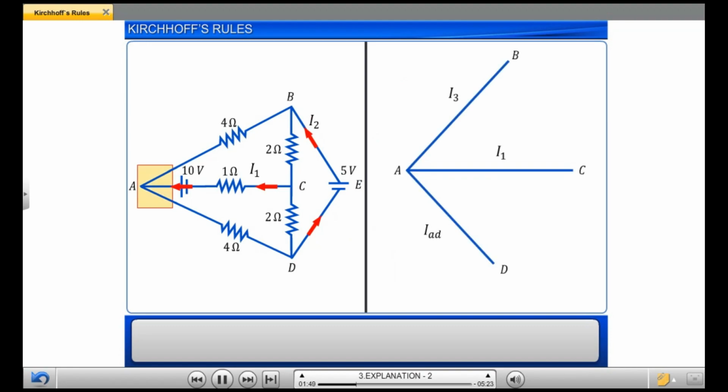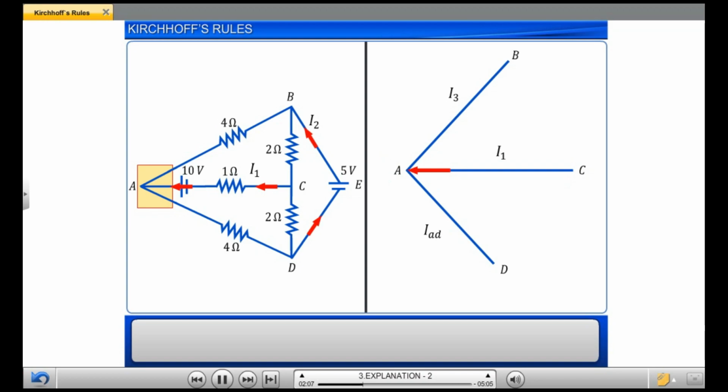The three branches BA, CA and DA meet at the nodal point A. We have already labelled the current in branch AC. We have to now label the currents in the remaining two branches.